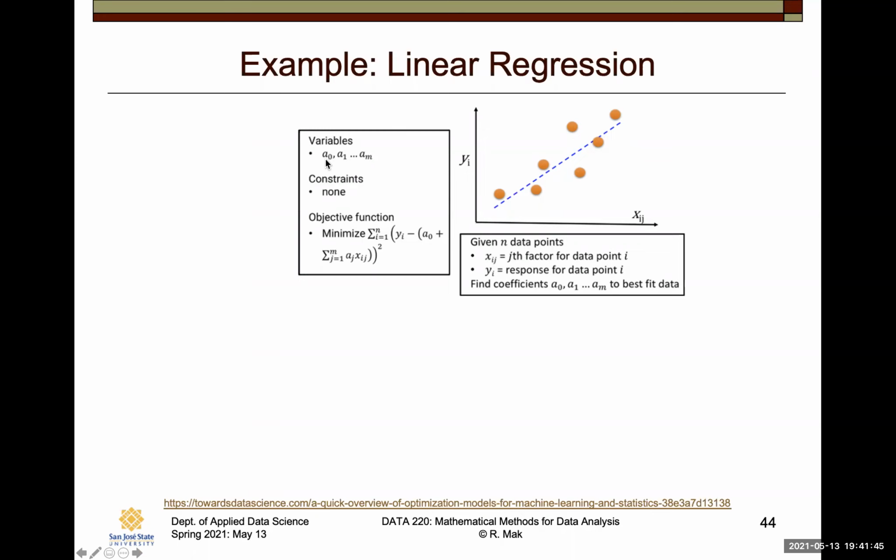So the variables then are the coefficients of the regression line, right? We want to adjust the coefficients, which then adjust this line. Now we have no constraints because, well, we don't need constraints for this problem. Now the objective function is we want to minimize the difference between the actual y values and the, let's see, well, you see here we are summing up the squares.